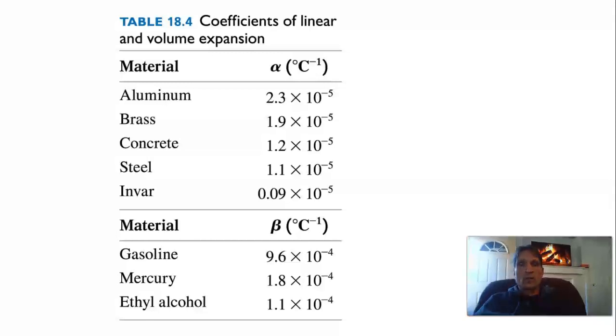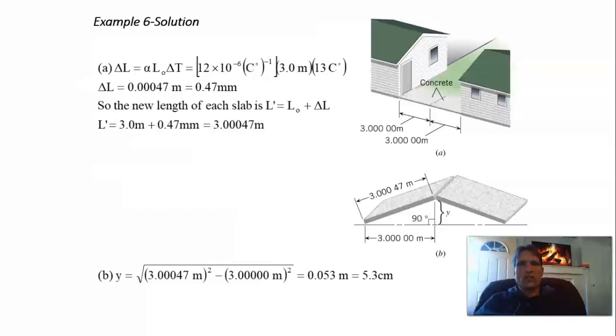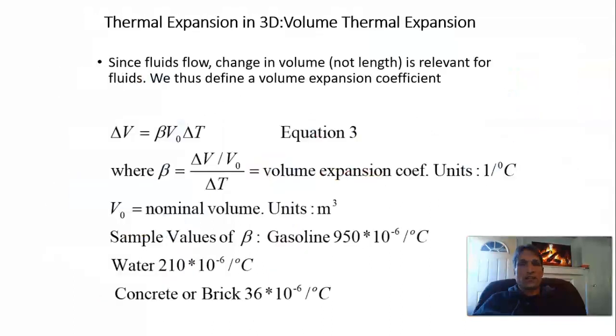We haven't dealt with liquids yet. With liquids, we need to deal with expansion in all three dimensions. There's a very similar equation which governs the change in volume to the one that we used before for a change in length.